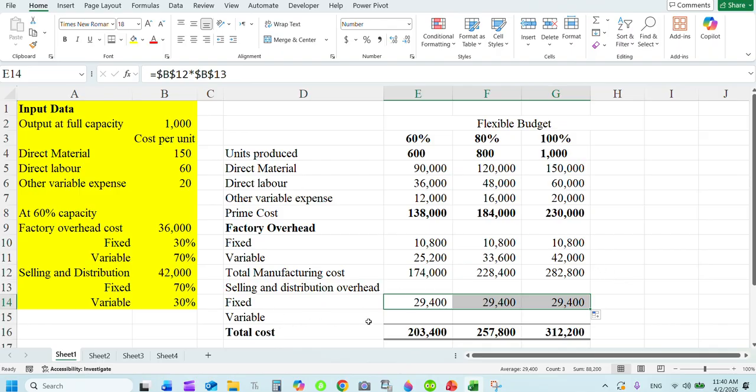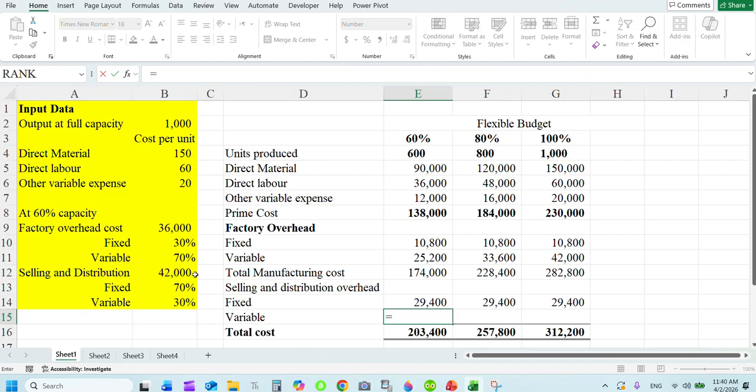But when it comes to variable selling and distribution cost, we can say these are total selling and distribution overhead costs, out of which 30% is variable. So these are variable selling and distribution overhead costs. This variable cost will vary as and when you increase your output level.